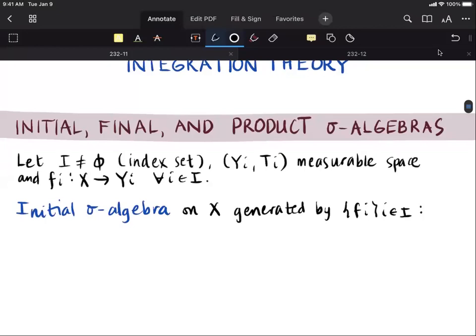We will denote this initial sigma algebra by sigma of the index collection.